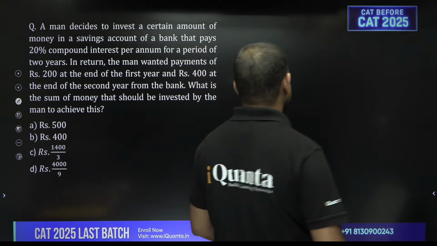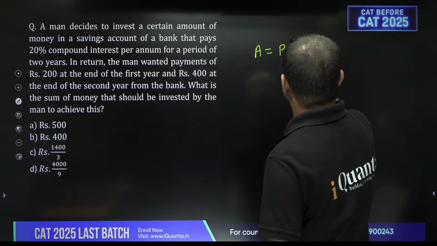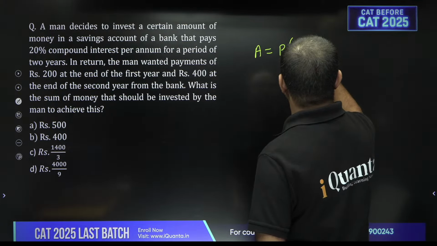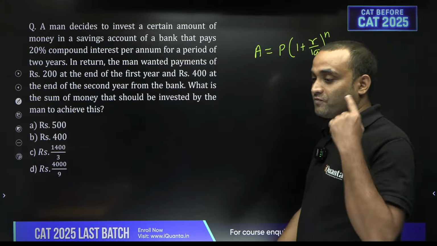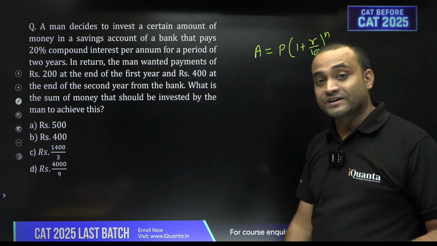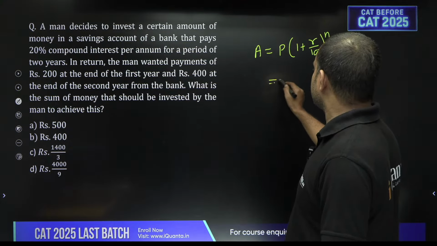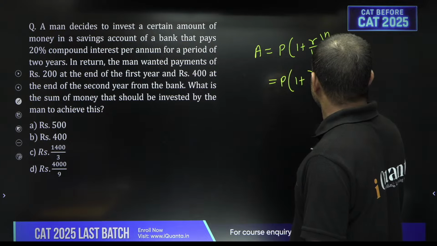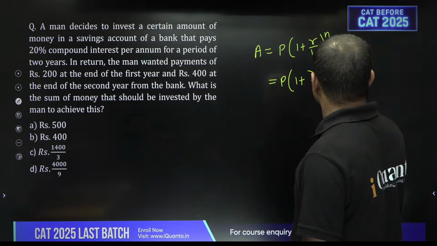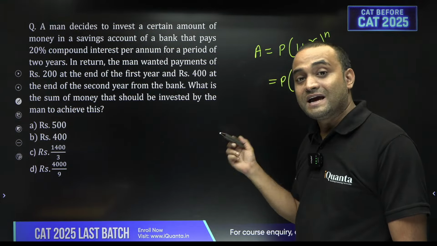Compound interest formula: amount is equal to P into 1 plus R by 100 to the power n. N is the number of years, R is the rate of interest being compounded every year, and you can say this P into 1 plus R upon 100, to the power N into M, if interest is being compounded M times a year.